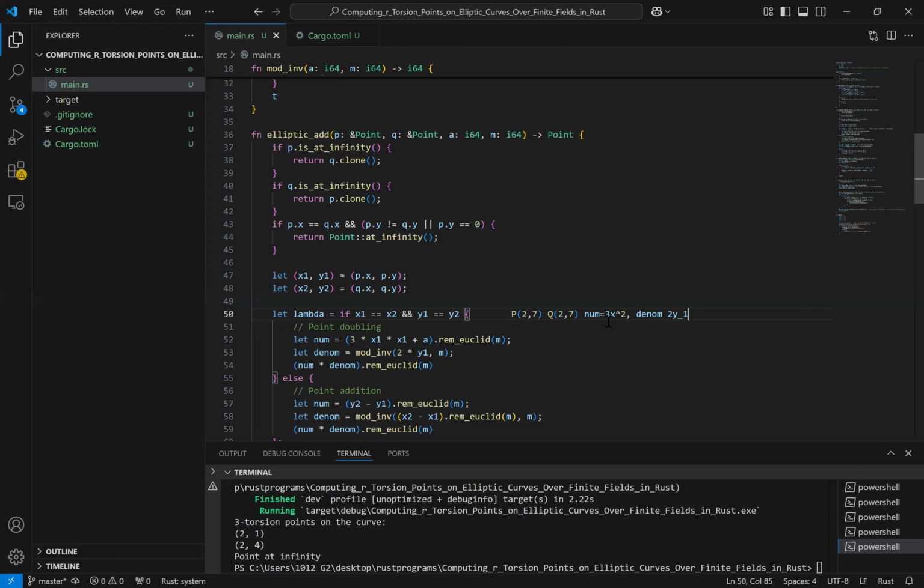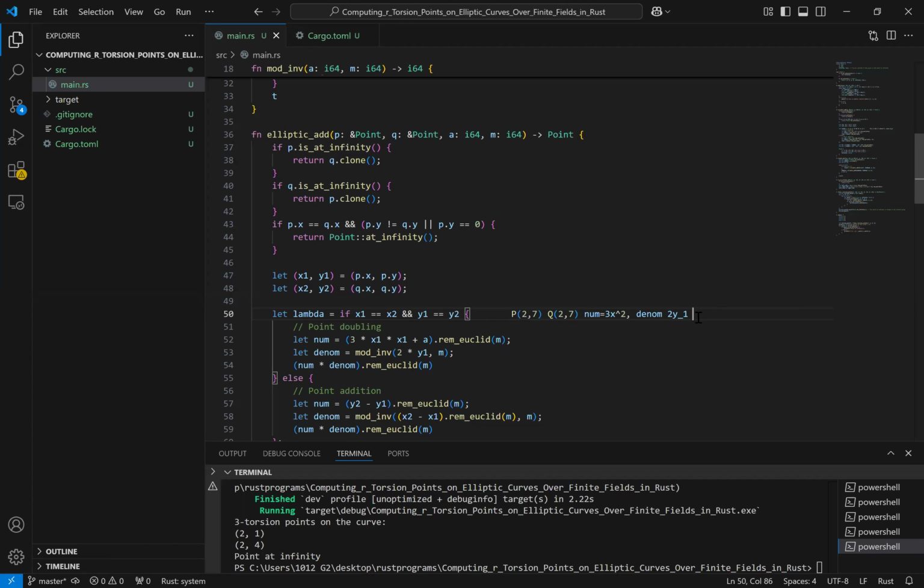Of course, that is what you normally do. Then the numerator times the denominator. Okay, we will find the numerator times the denominator.